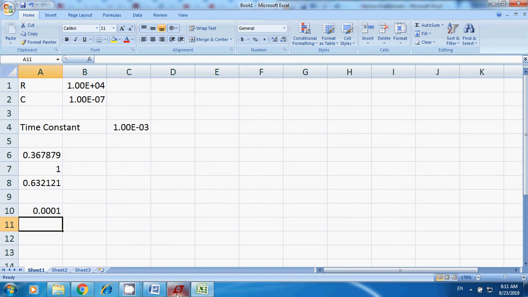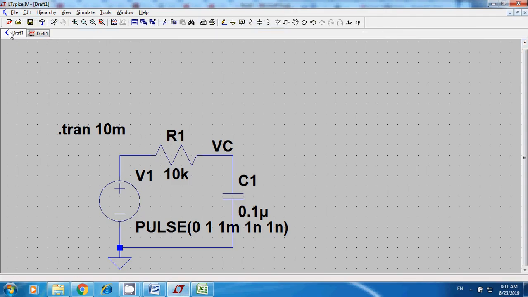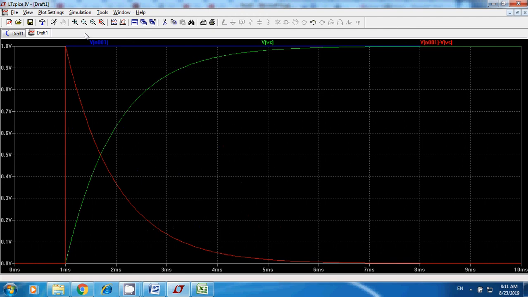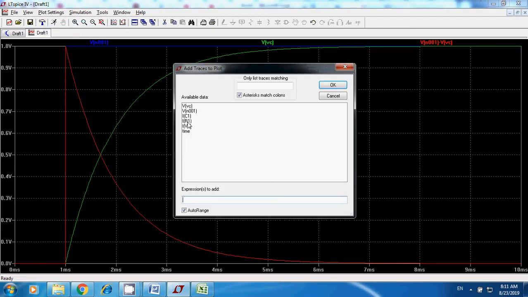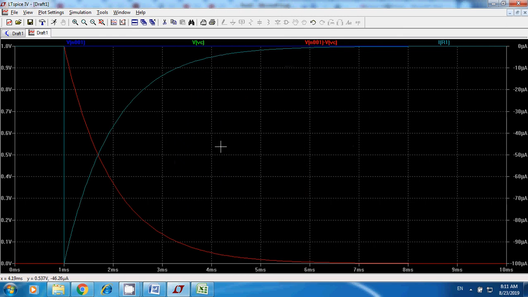Let's see. You can get the same from the plot. You go to plot settings, you go to add trace, and you go for any of them. IC equals IR equals IV1. So I just click on IR1. Let's zoom in on this, guys, so you can see better.